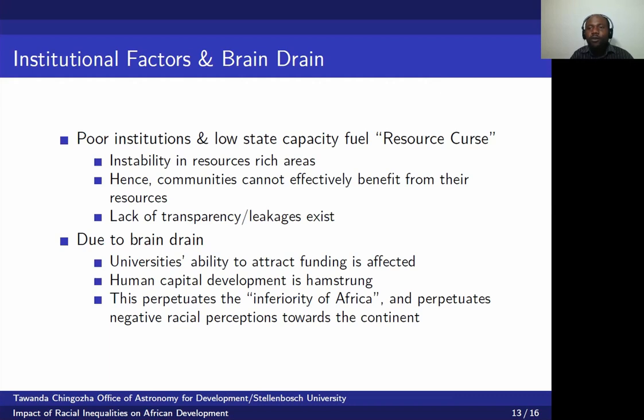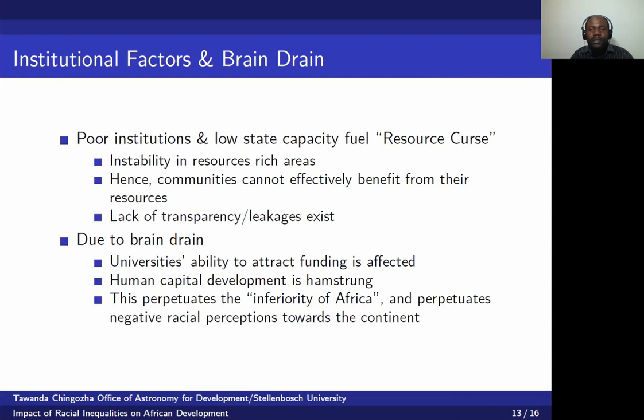So at the end of the day, communities do not benefit from their resources to the full extent possible, to invest in the education, health, and well-being of their children, so that we can churn out more astronomers, more professionals in economics, other disciplines, and STEM subjects as well.